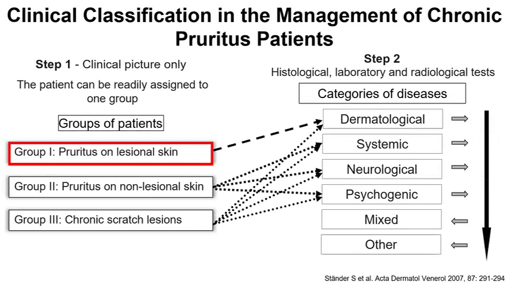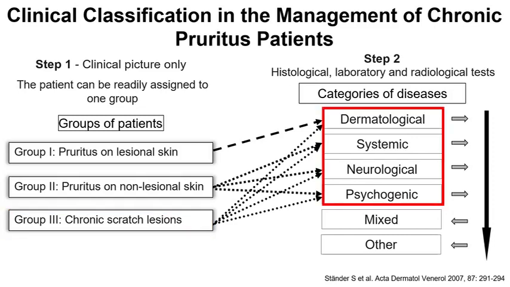So these are the three clinical groups, and there are frequent diseases behind that. Of course, here we have the dermatosis behind that. In this second group, we find systemic diseases, neurologic diseases, psychogenic diseases, or, and this is what we dermatologists know, invisible dermatosis, such as mastocytosis, for example, or urticaria factitia, so physical urticaria. And then we have the third group where we have to consider all these different diseases.